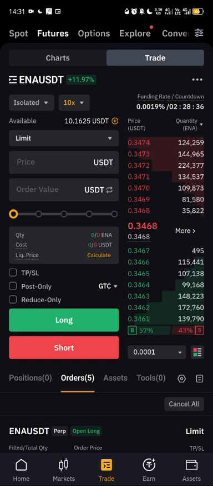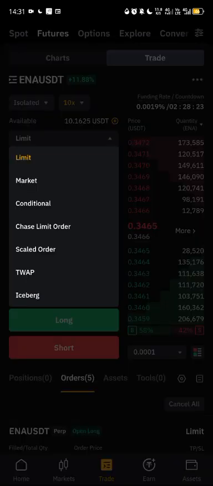Now, for the entry point, you can also use the current market price, which is something else, but let's not go into that. Because the point of today's lesson is dropping a signal and you being able to utilize the signal, I'll be talking about limit orders, which is what we're having here. See, we have market, we have conditional, choose whatsoever. But limit order is what we want to talk about today.